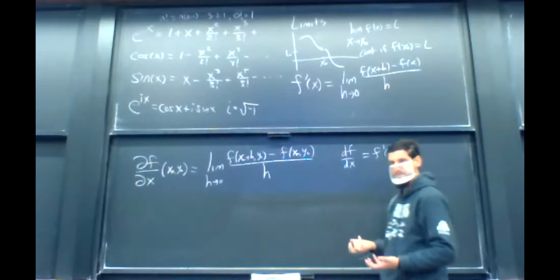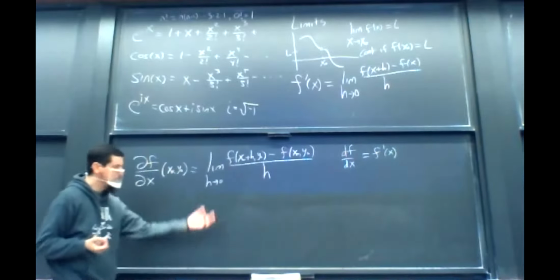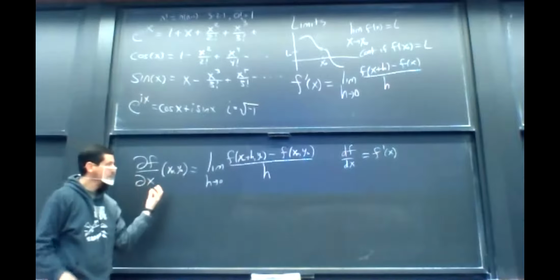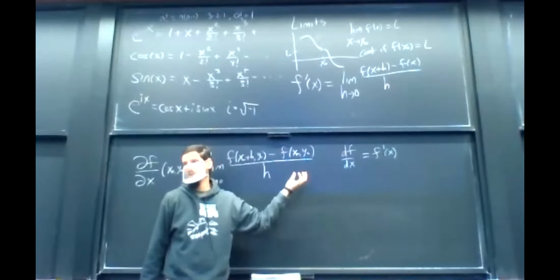So there's the theoretical definition of what the derivative is. And then there's how would we compute them? Well, this basically looks like it has one problem. Just keep y constant.